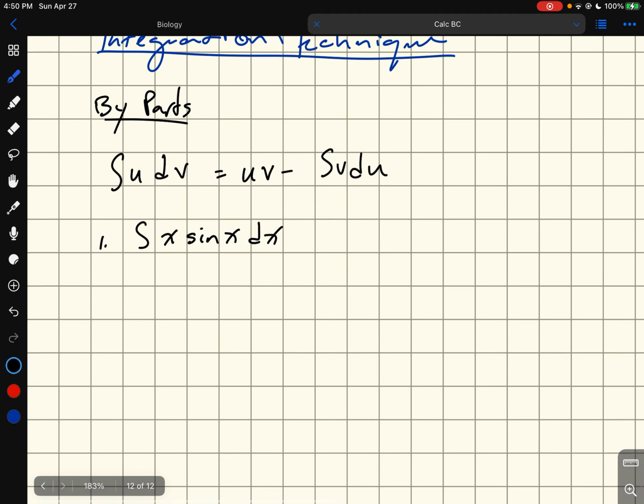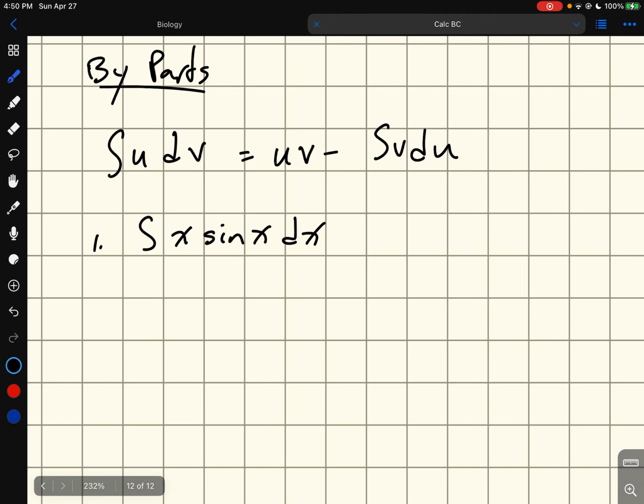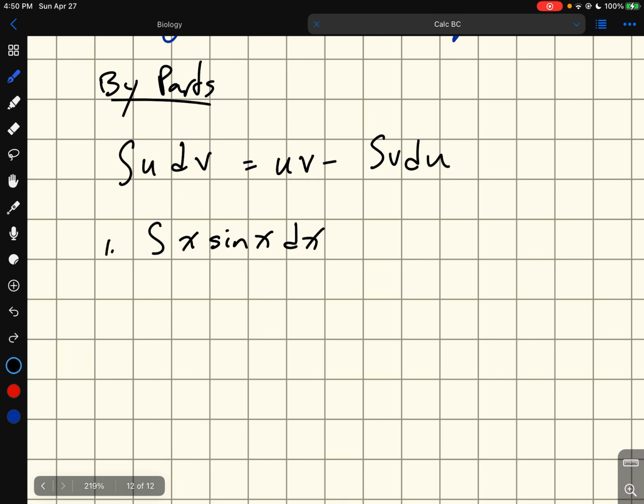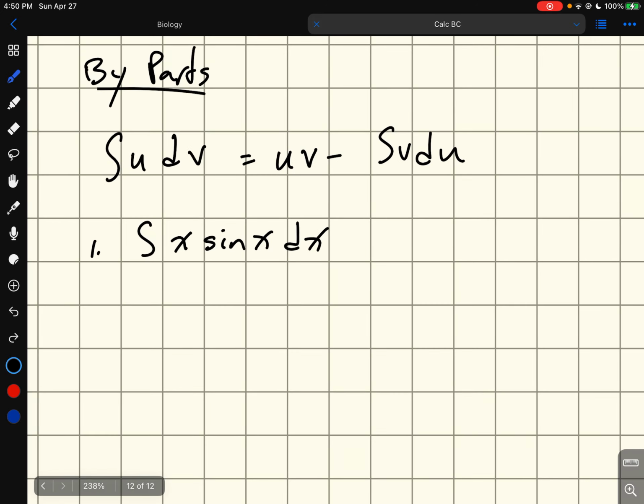Okay, so this is our problem. The u that we want to choose, the one that we want to differentiate, has to be the one that is not cyclical. Well, it has to be the one that we know the derivative of at the very least. And generally you want it to be the one that isn't going to just go back and forth between derivatives.